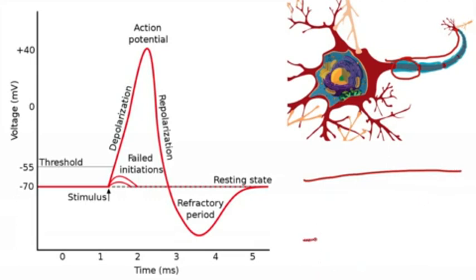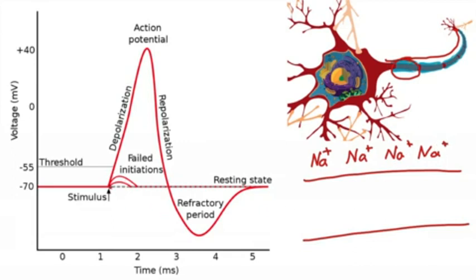So here we have the axon. This is inside the axon, and this is outside the axon. If you remember from a previous episode, outside the axon we have a lot of sodium ions. So I'm going to draw sodium ions here, and they are all outside the cell.